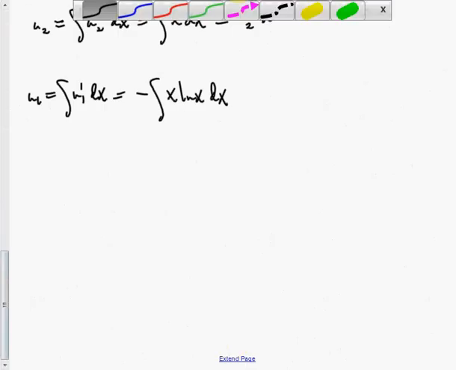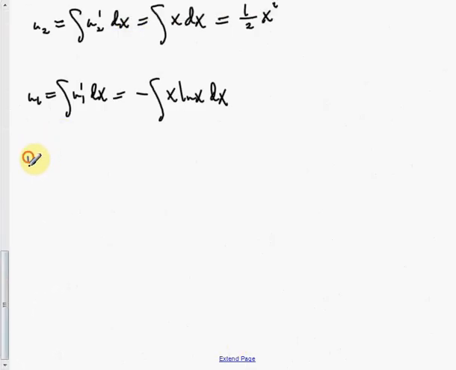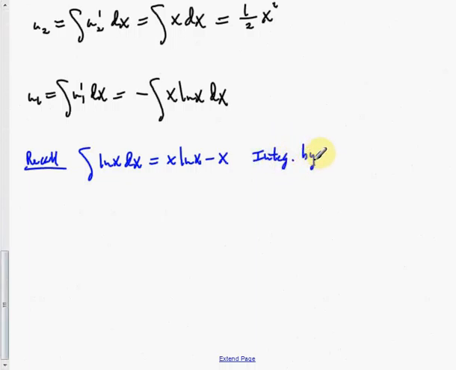Takes a little time to get to that one. Let's see if I can jump ahead. Recall that the integral of the natural log of x dx is x times the natural log of x minus x. We get that by integration by parts. I don't have time to, that's calculus 2. I'm already past the time by 1 minute.